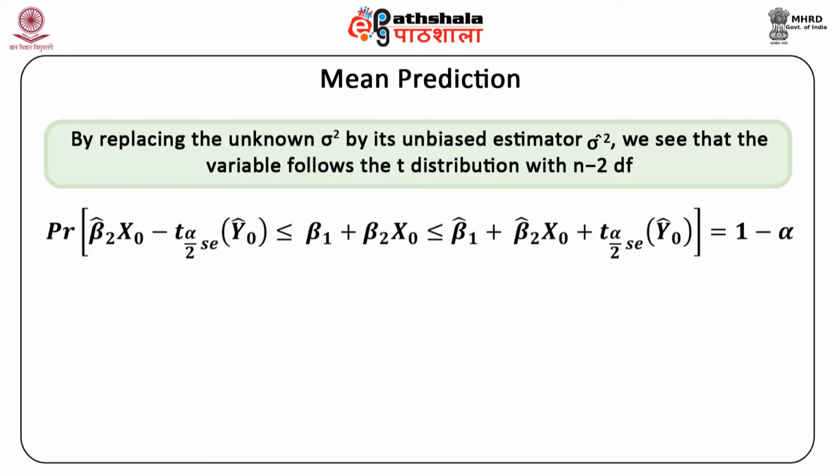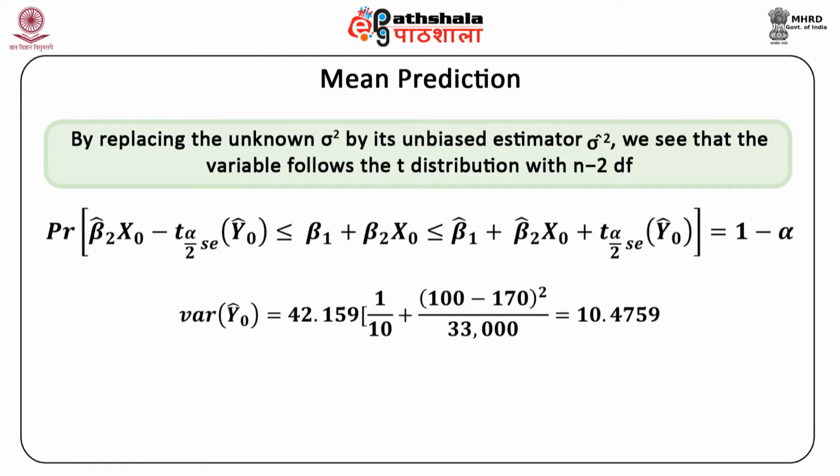On substituting the values in the above equation, we get variance of y0 hat equal to 42.159 in the bracket 1 by 10 plus (100 minus 170) whole square divided by 33,000, and this comes out on simplification to be equal to 10.4759.